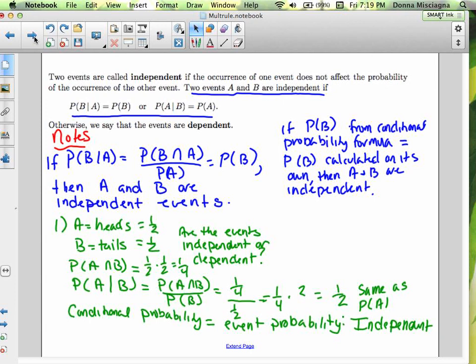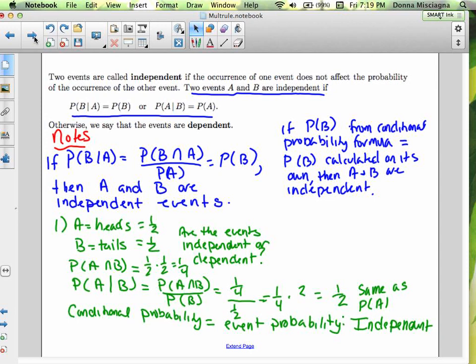So here, are the events independent or dependent? Here's my example: heads and tails. A is going to be heads and B is going to be tails. The reason they have the formula written twice is that I could solve this twice and get the same answer either way. I could say A is tails and B is heads, and calculate it again, or calculate it for heads, not tails.